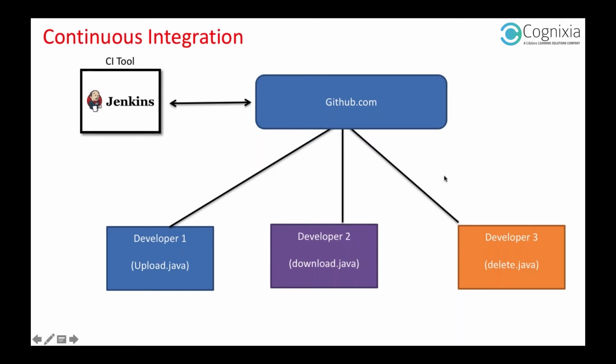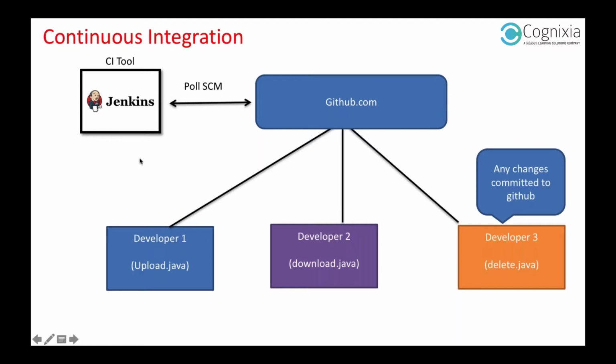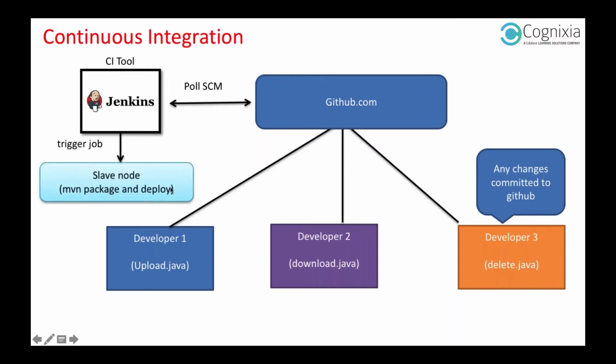So let's say the client says, Anil, the delete folder which looks blue in color, can you change it to red? So now what happens? Developer 3 will commit the change on his laptop, and GitHub will go ahead and inform Jenkins, okay, there's a change, and Jenkins will trigger a job on a slave node VM, and it will compile, package and deploy it.